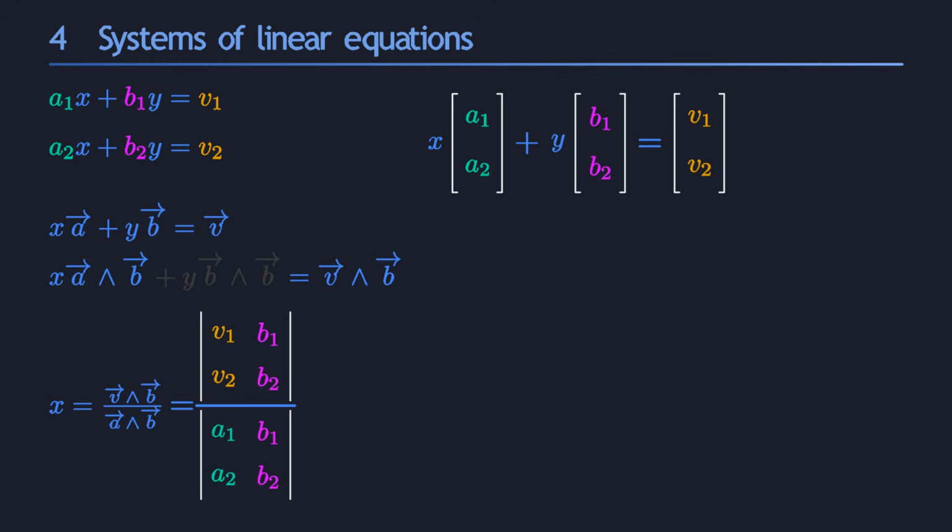But please look at those numbers a bit more closely. The bottom one is the determinant of the original matrix A. And the top one is also a determinant, where one of the columns of A has been replaced by the vector v from the original equation. Does this look familiar? It's known as Cramer's rule.